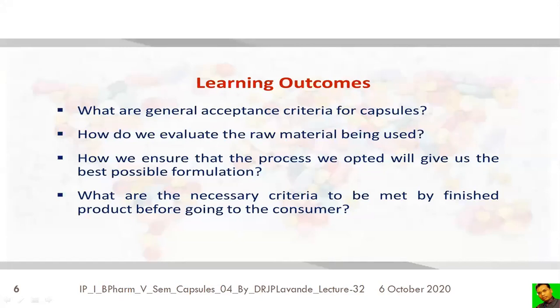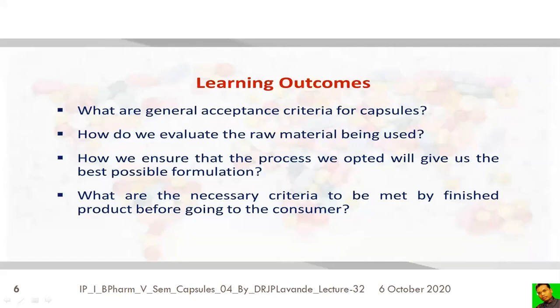How do we ensure that the process we opted for will give us the best possible formulation? And what are the necessary criteria to be met by the finished product before going to the consumer? All these will be the learning outcomes for today's lecture, today's module.